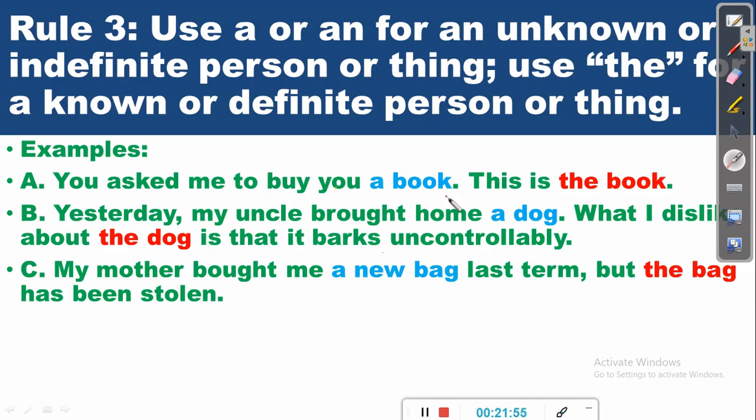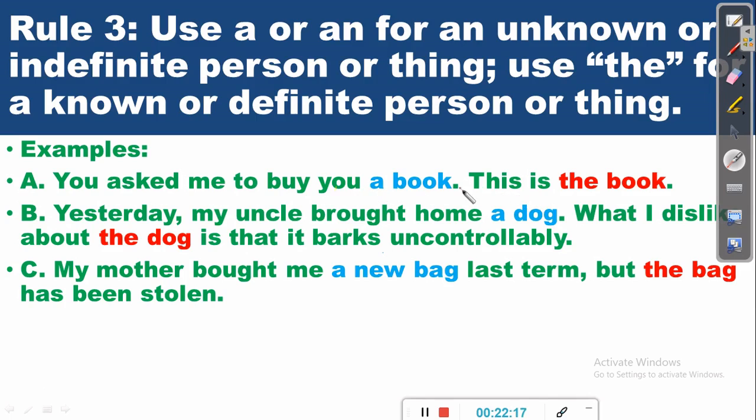The very book we are talking about is still unknown. We are talking about it for the first time. So we are using the definite article, I mean the indefinite article, a book. A book can be any book. You asked me to buy you a book.